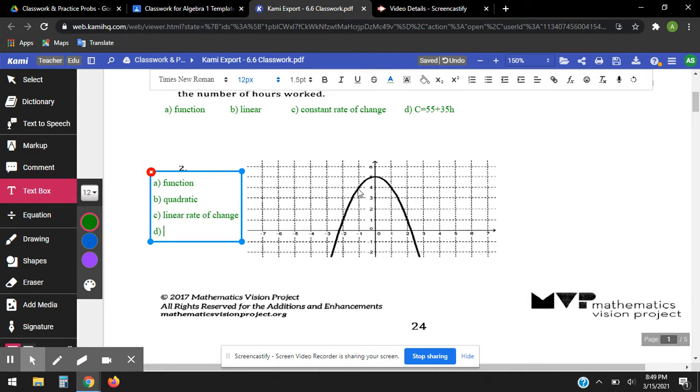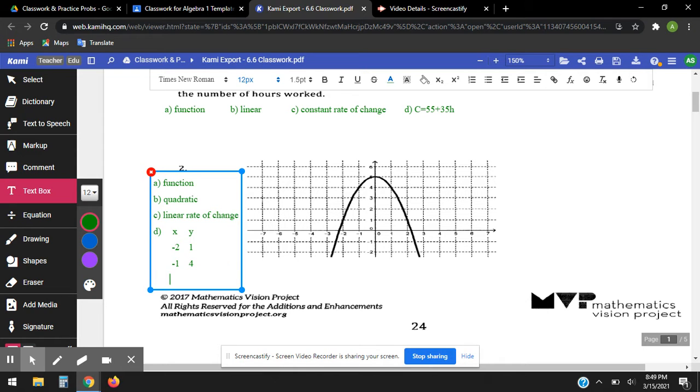So if I start with -1 or even -2 on there, I'm going to do an x and y table. So my x, if I do -2 for my x, my y is 1. If I do -1 for my x, my y is 4.